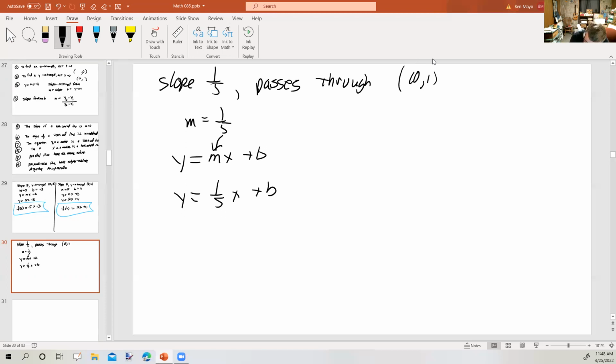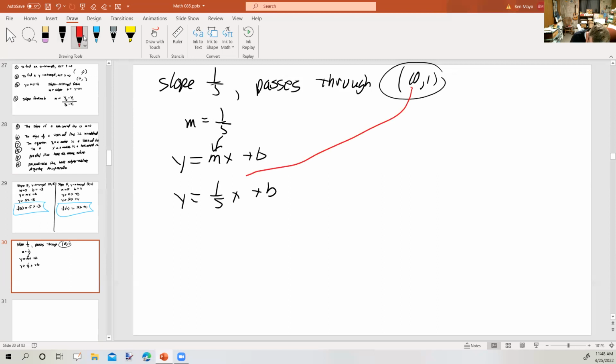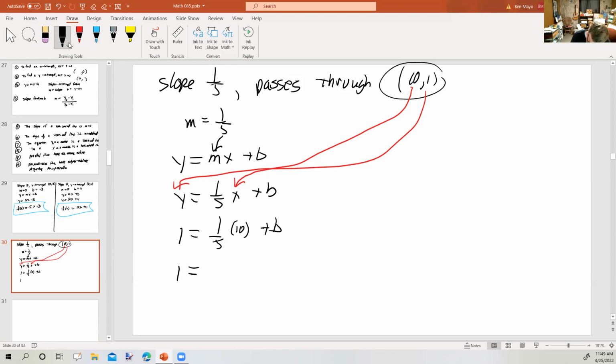Well, I can use the ordered pair. The 10 would go in the place of x. The 1 would go in the place of y. So I would have 1 equals 1/5 times 10 plus b. 1 equals 2 plus b, reducing 1/5 times 10. Subtract 2 from both sides, b equals -1.